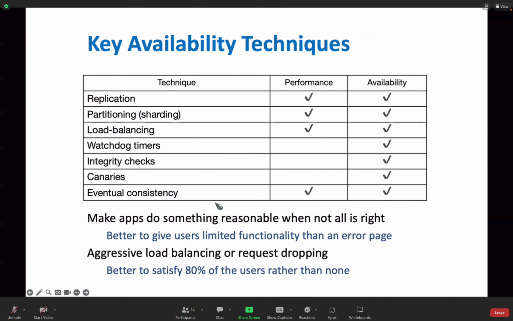But it's difficult to have the consistency instantly across all of the replicas. So a little lenient strategy is, even if it may not be consistent right away, eventually it will be consistent. So that's a strategy.